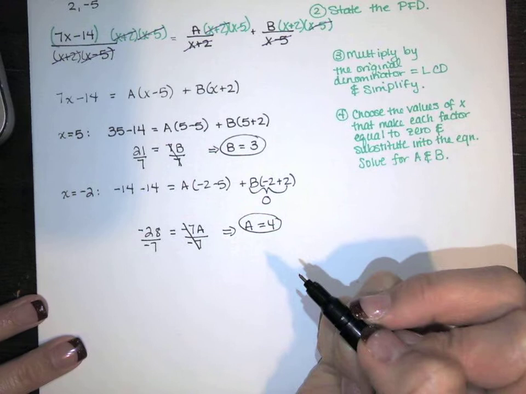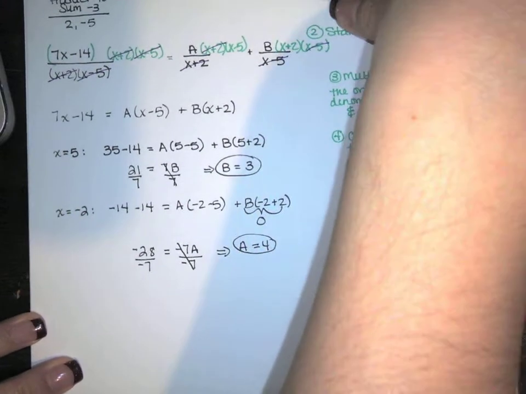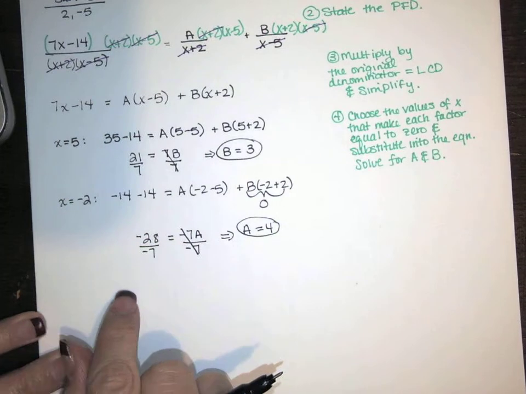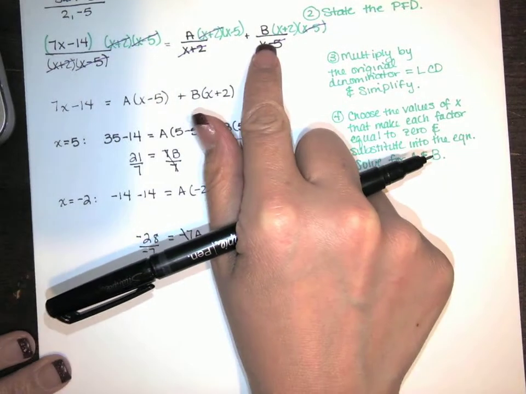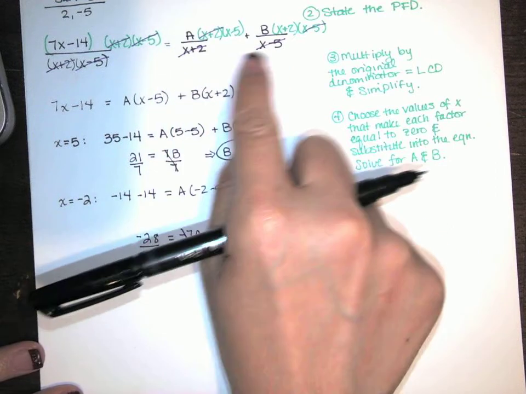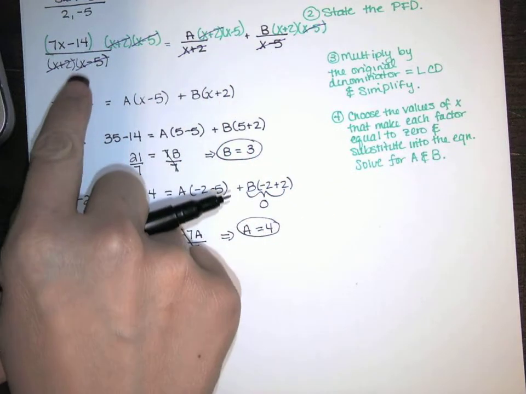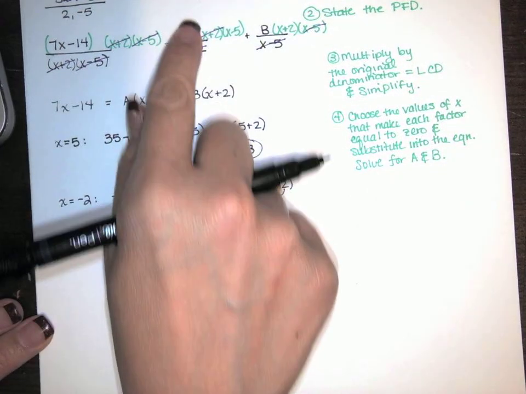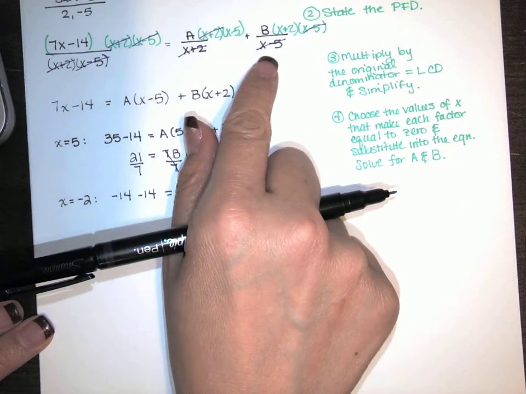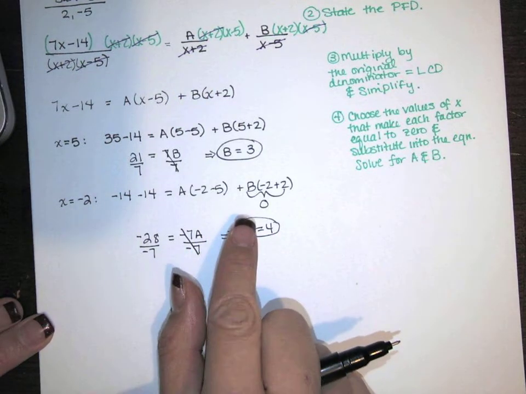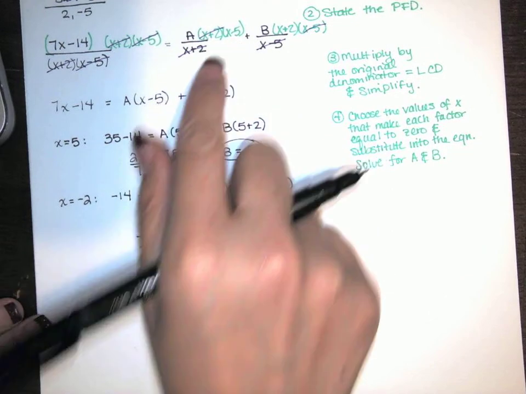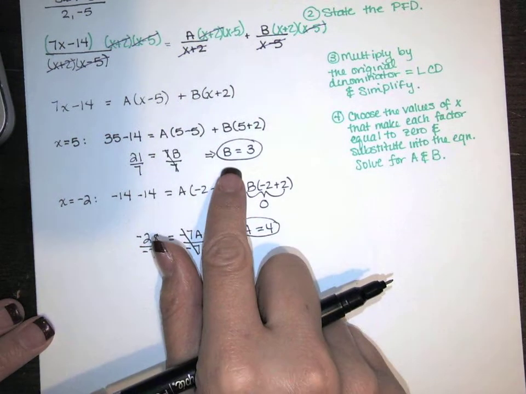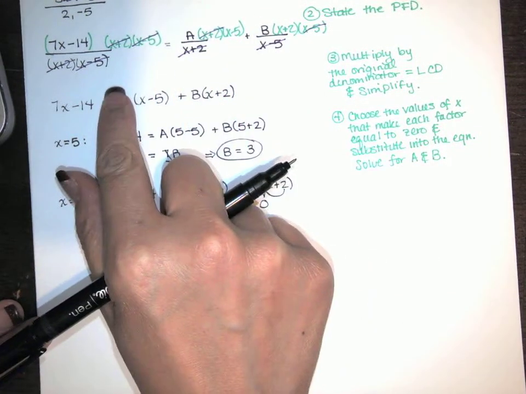All right, so now you're going to substitute these back into the form of your partial fraction decomposition. I know this line is a real mess, but that's why I did it in a different color. You can see we said this, which is our original integrand, is equal to this over this plus this over this. Now I know the value of a and b that make that equality true. When a is 4 and b is 3, this plus this equals this.